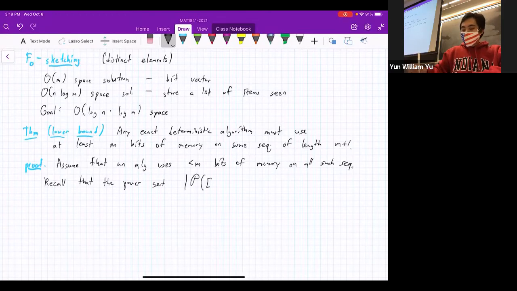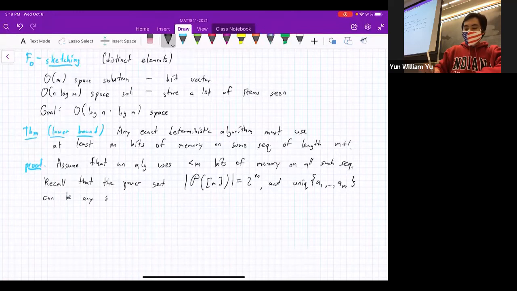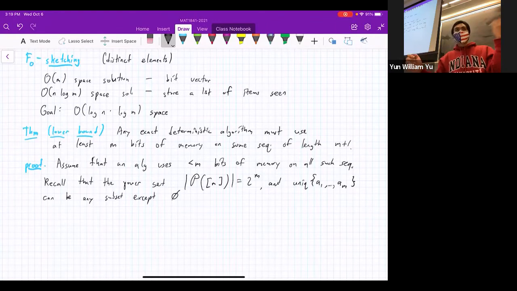So these are just like all different subsets. And we know that the unique set of A1 through AM can be any subset except the empty set, assuming that our stream is non-zero, of course. So we have 2 to the m minus 1 possibilities.